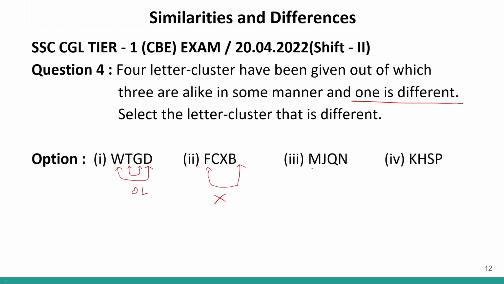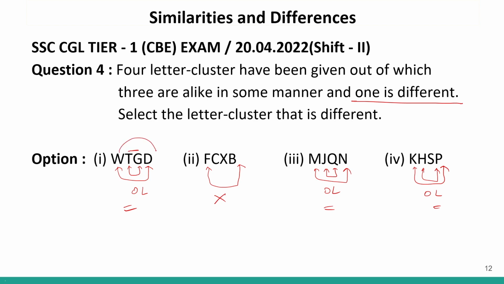Let us check for M and N. M and N are opposite letters. Similarly, J and Q are also opposite letters. K and P are opposite letters. Similarly, H and S are also opposite letters. So clearly you can see all these three terms have the concept of opposite letters, in which the first and the fourth term are opposite letters and the middle terms are opposite letters.